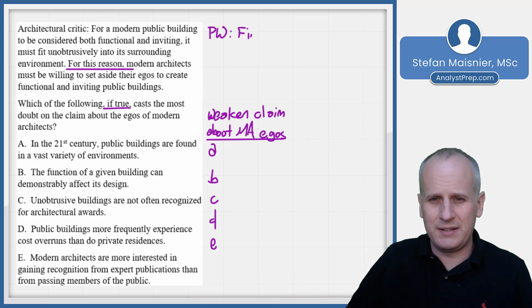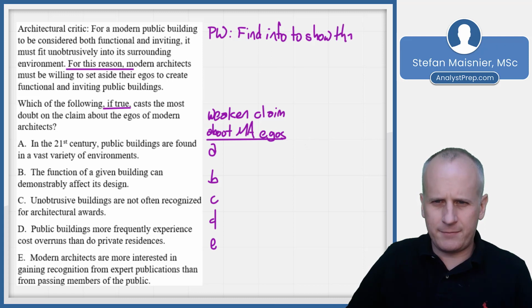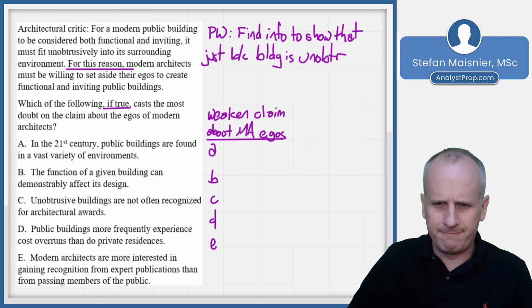So we need to find info to show that just because the building is unobtrusive doesn't mean, I can just use a not equal sign here, that modern architects must set aside their ego.